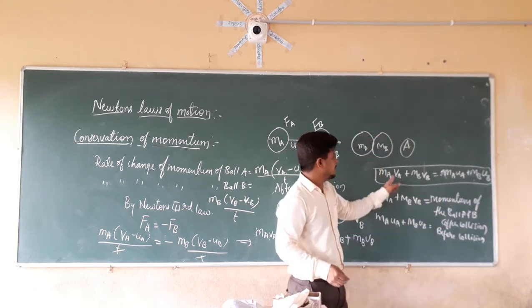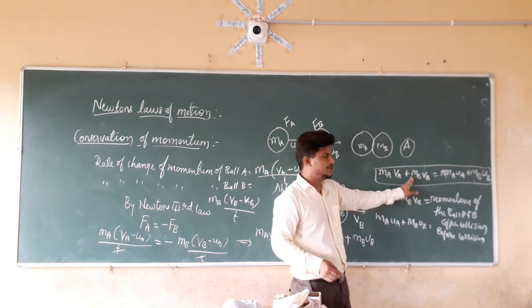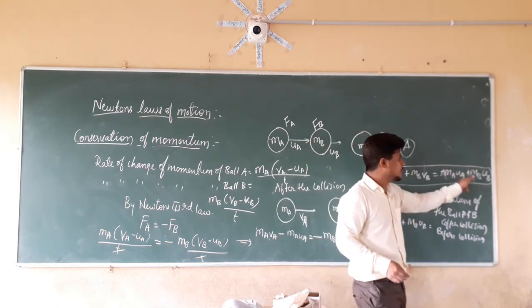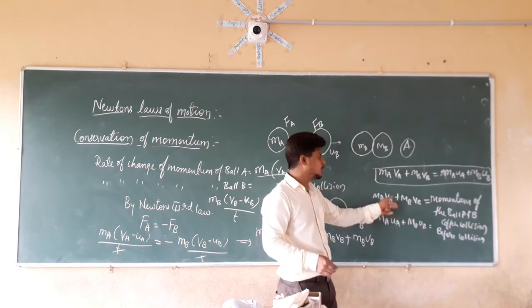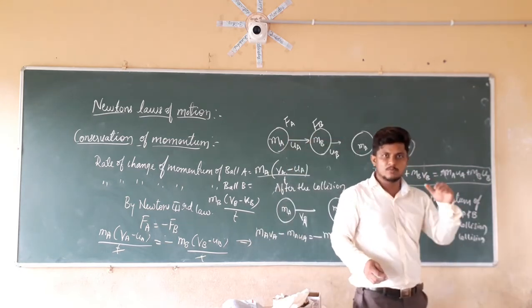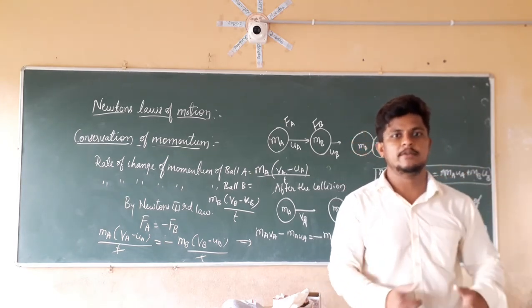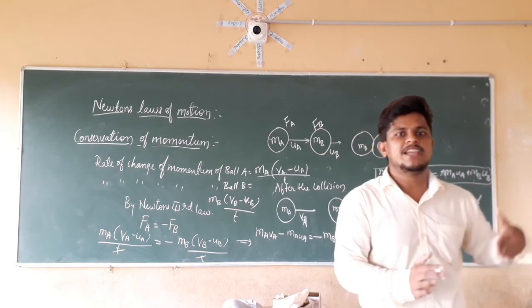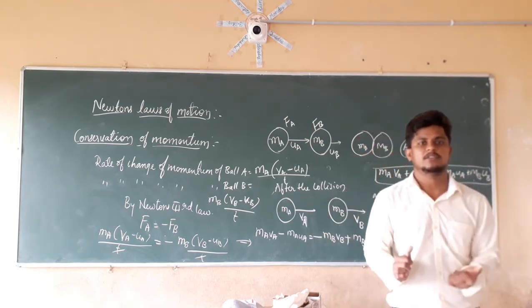See here, MA into VA plus MB into VB is the momentum after the collision. It is equal to MA into UA plus MB into UB, the momentum of the balls before the collision. So both are the same. The momentum before the collision and after the collision is the same. If both are the same, then we can say that momentum is conserved.